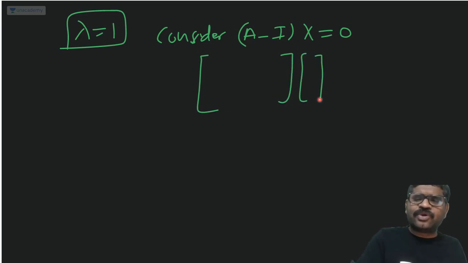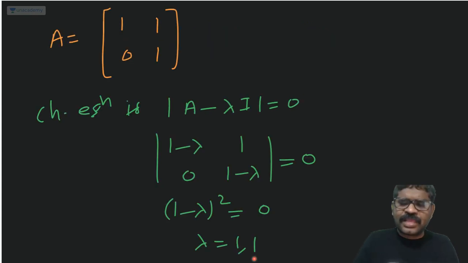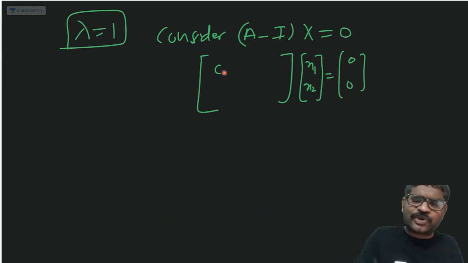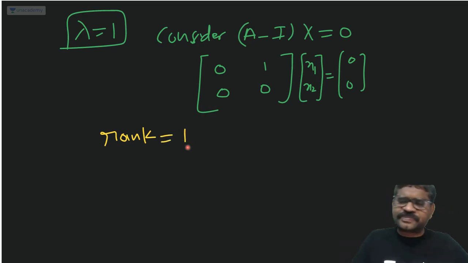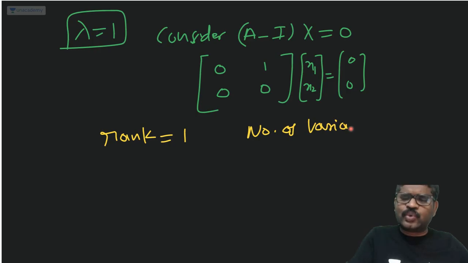Put lambda equal to 1 in A minus lambda I. We get 0 1 0 0. What is the rank? Rank is 1. Number of variables are 2.